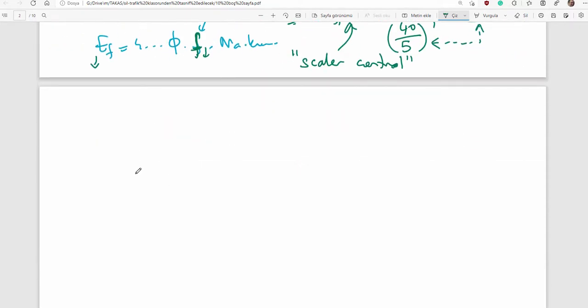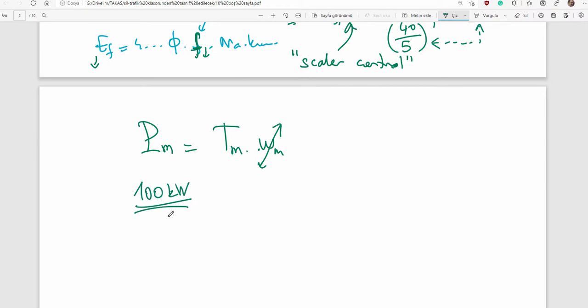Okay, ladies and gentlemen, you are in a mechanical system right now: mechanical power, mechanical torque, and angular speed of the shaft. And now you adjust mechanical speed. But as you see, let's say here is 100 kilowatt output. That is the rated mechanical output.